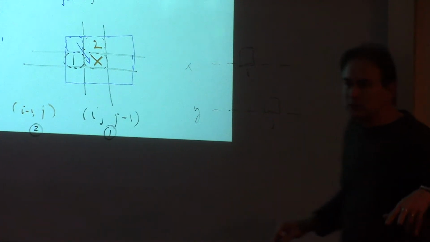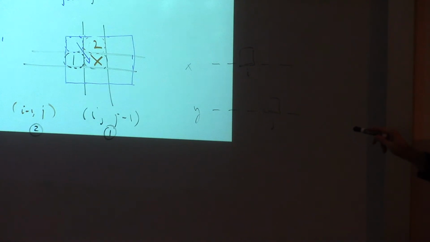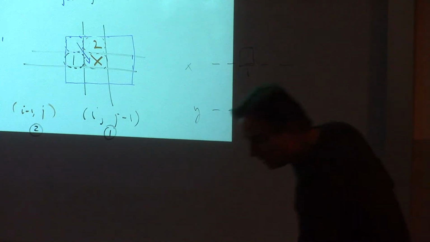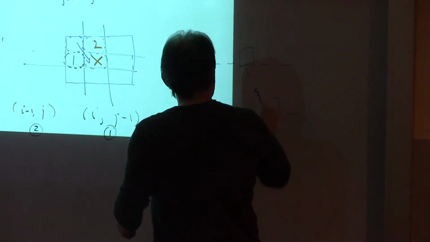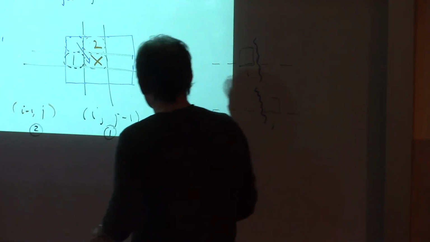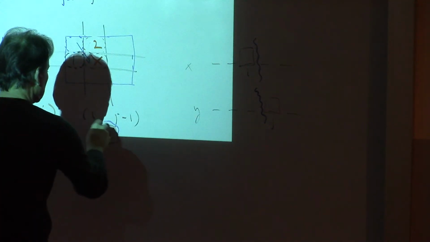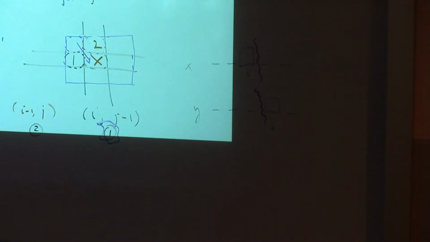Now what I want to ask you is, is it possible that this is equal to 1 and the other one is equal to 2 at the same time? That's what I'm asking you. So for the second part of the question, I will highlight these again. This is going to be here and here, and we're saying that's equal to 1. I don't know if you can see the colors here.